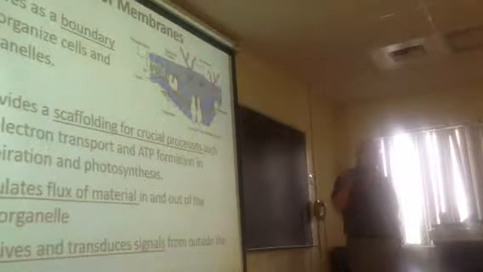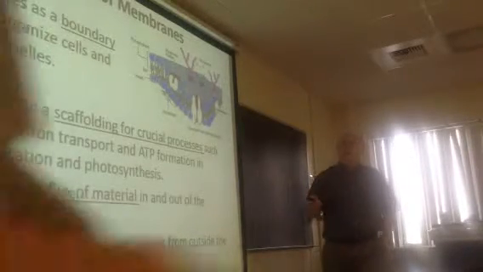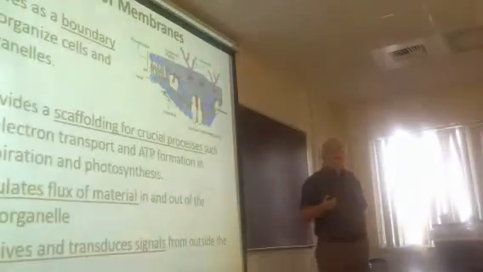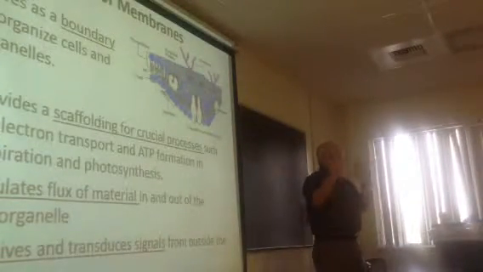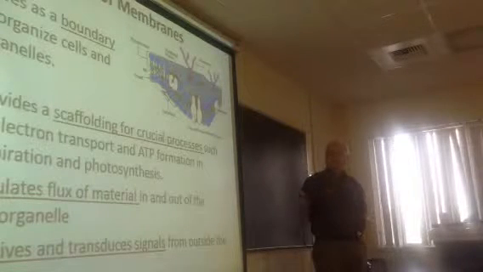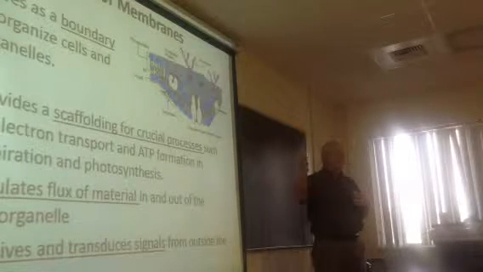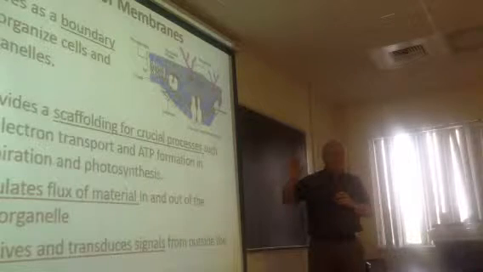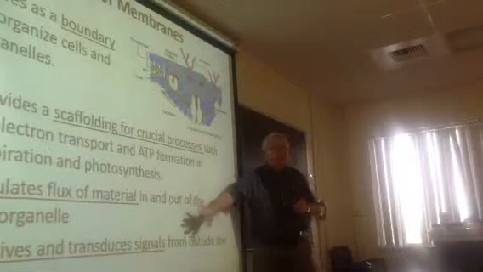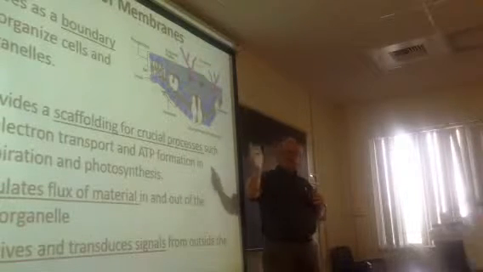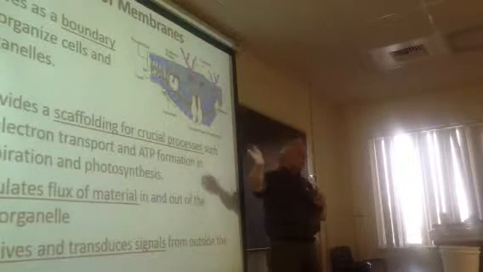But if you think of the physical boundaries around us here, these are not just enclosures in that sense. We have people going in and out, right? So the cell membrane has to do the same function, regulating the flux of material in and out. We have doors that let people in and out.